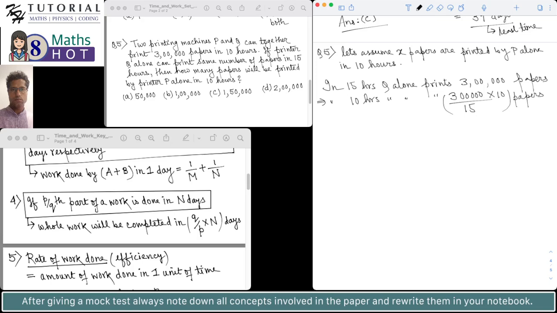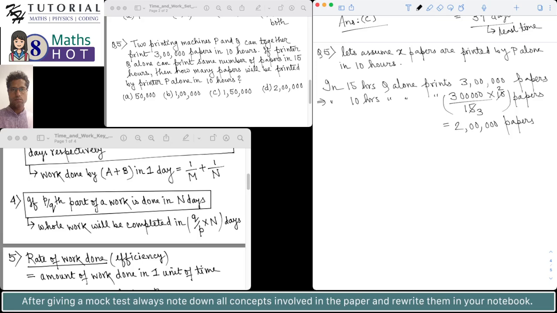So Q alone in 10 hours will print this amount of papers, and this is equal to 5, 3, 5, 2, and 3 will cancel. So this is 2 lakh papers. So in 10 hours, Q alone will print 2 lakh papers.